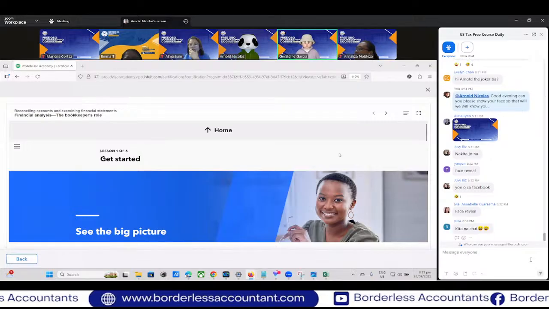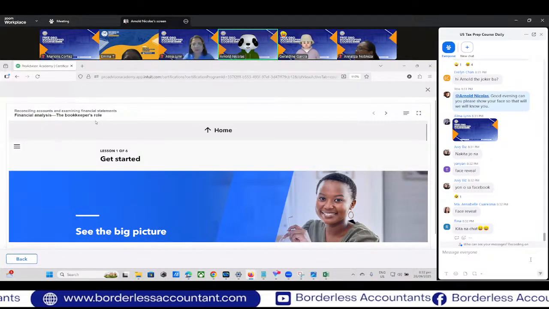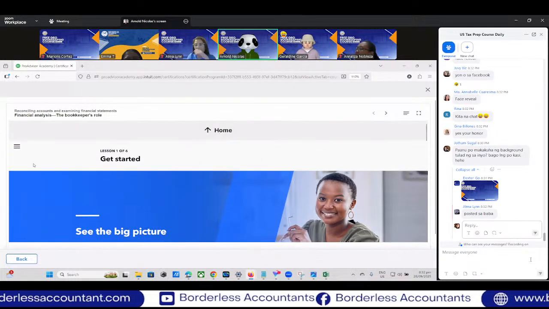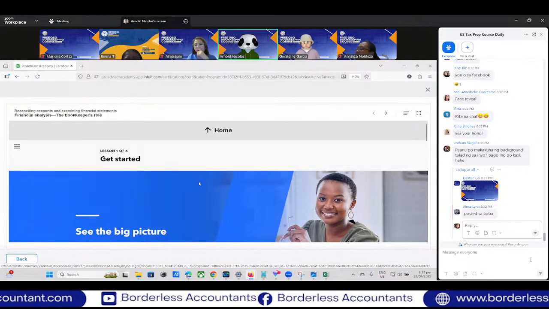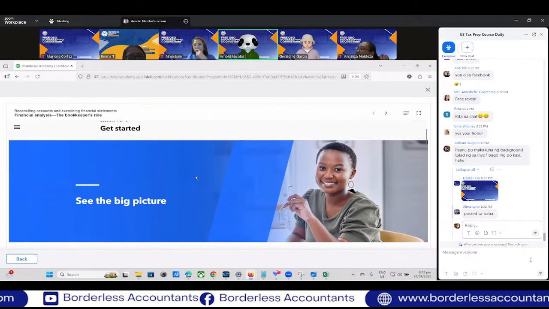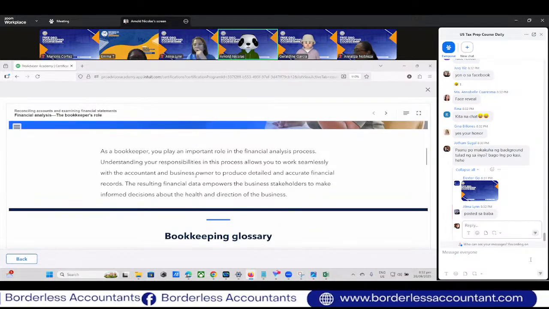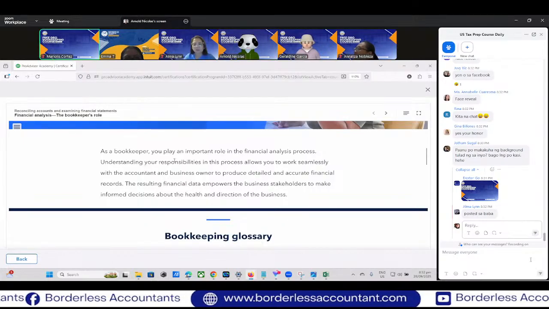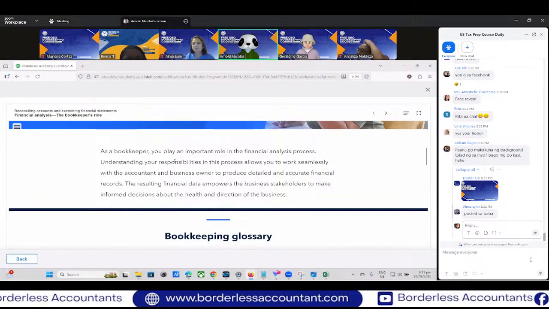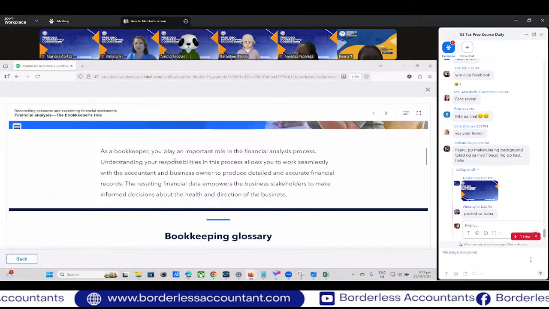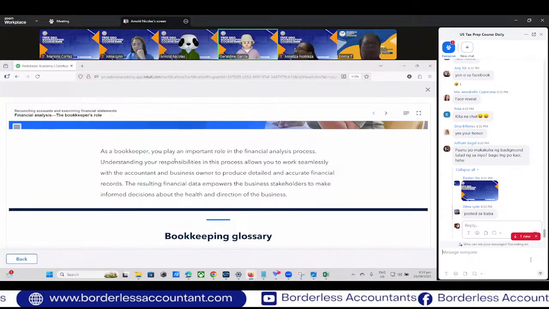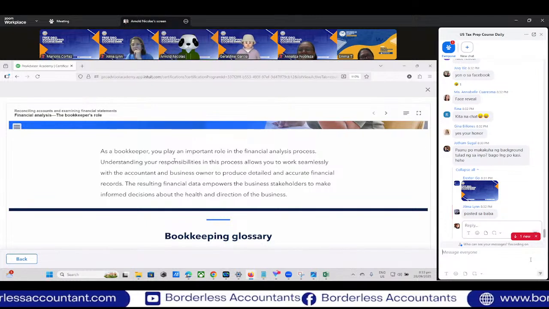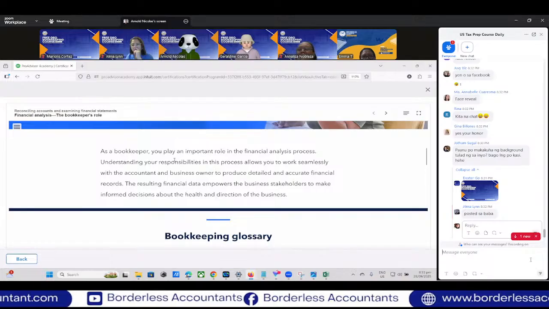Okay, the topic we have is reconciling accounts and examining financial statements. Financial analysis, the bookkeeper's role. See the big picture. Joel reads: As a bookkeeper, you play an important role in the financial analysis process.